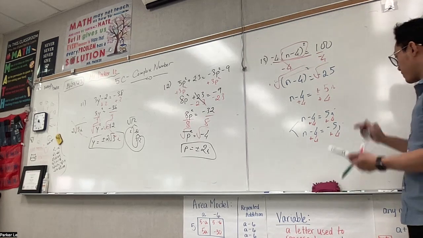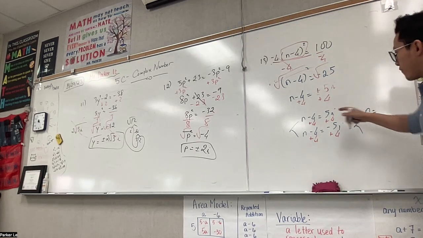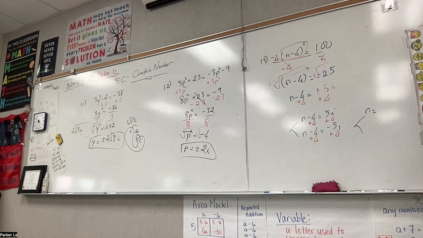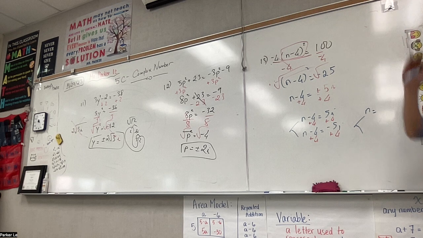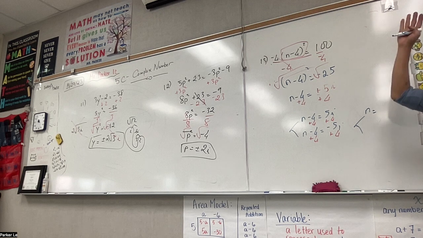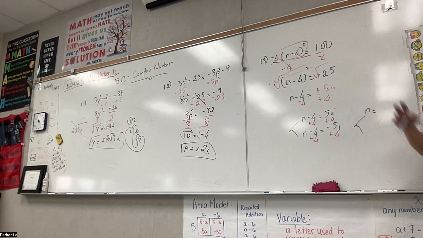Okay, now question for you. What is 5i plus 4? Who said it's going to be 9i? All right, who said it's going to be just 9? Who said it is negative 5 plus 4?